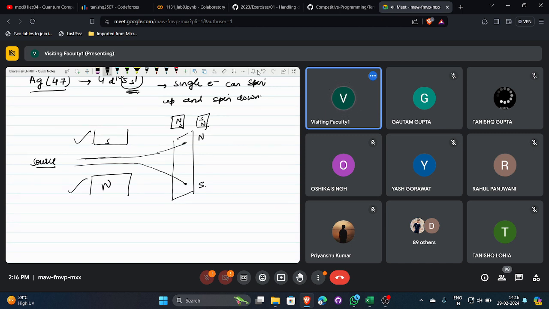When they were just revolving in the last orbit, they were not having any orientation. The moment we placed a magnetic field, they inclined towards the direction. Those having north pole this side got deflected this side, and those having south got deflected the other way. And that is why all the electrons were either on the extreme north or extreme south.